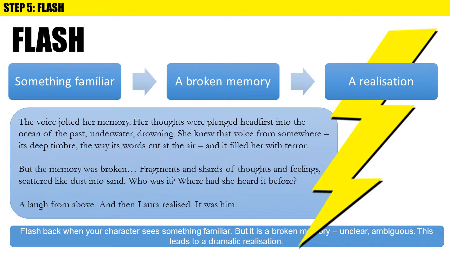Who was it? Where had she heard it before? A laugh from above, and then Laura realised it was him. In this example, the ambiguity is effective in helping to sustain the eerie atmosphere of our story. It leaves the reader deliberately with questions.